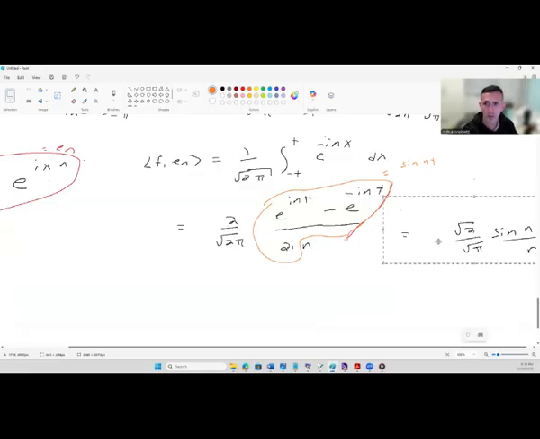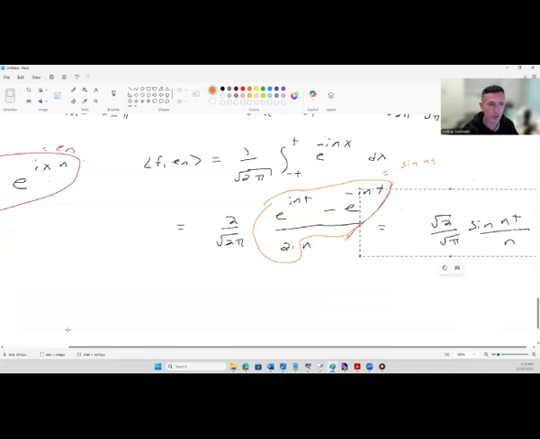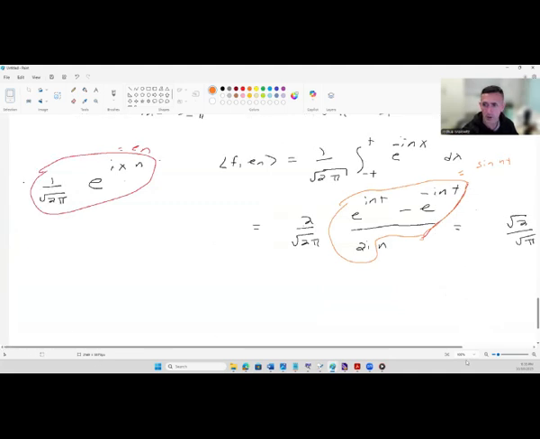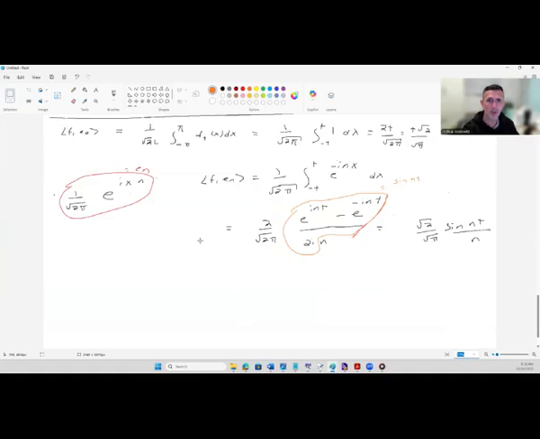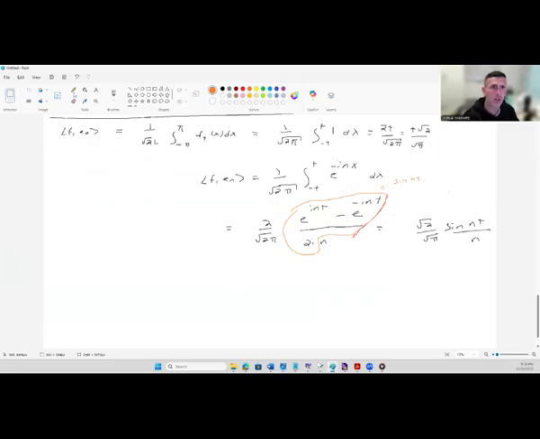It's up here. Okay, so let me get rid of this here. All right, so this equals 2 root 2 over root pi. This for n not equal to 0 equals this.